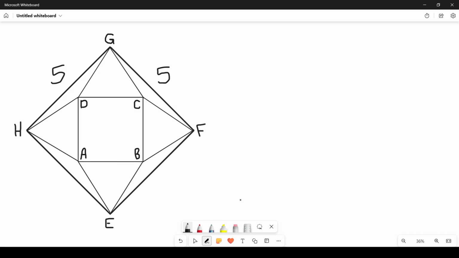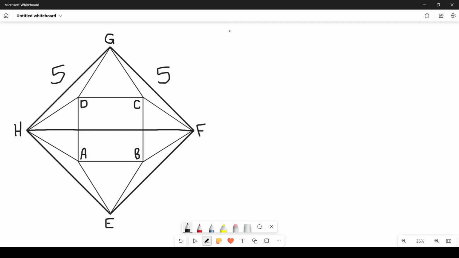What we can do now is draw a line, and this line is going to be from H to F. The whole idea of this move is that we can use the Pythagorean theorem to find this side length.